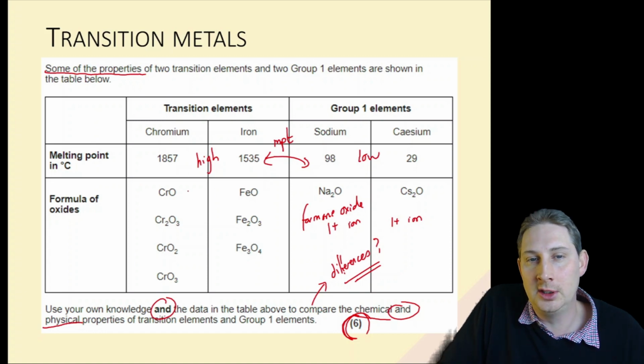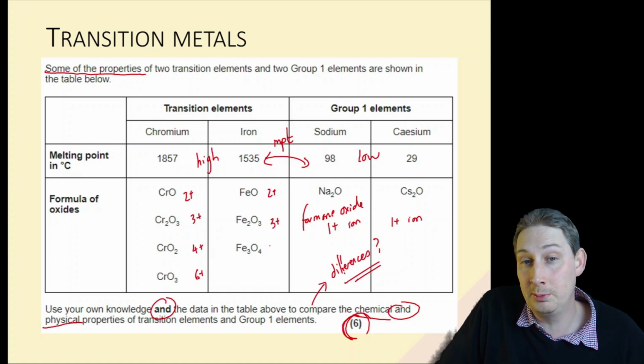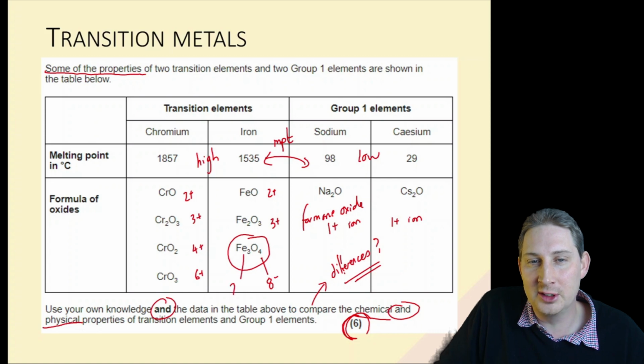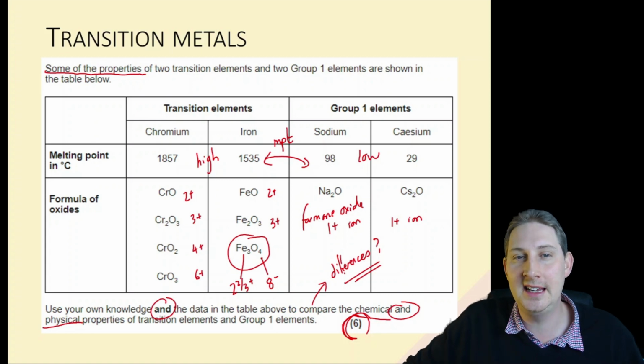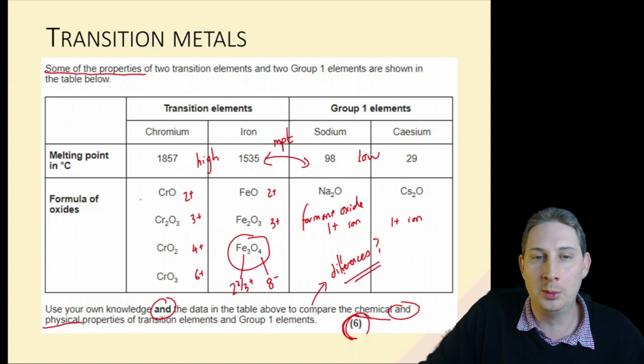Transition elements, well, chromium here, 2+, 3+, 4+, 6+, 2+, 3+, and here it must of course be something weird because this would lead to 8-, so therefore it's got to be 2 2/3+, okay? Don't worry too much about the details, but what you can see is that the transition elements are forming many different ions.